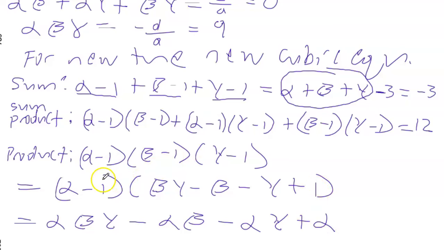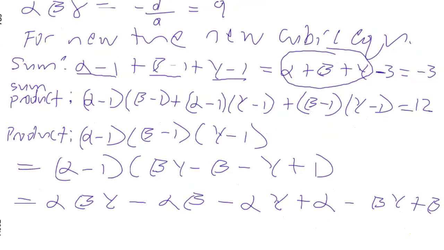And now we're going to take the negative 1 and distribute it to each term again in the second bracket. So minus 1 times beta gamma, that's minus beta gamma. Minus 1 times minus beta, that's positive beta. Minus 1 times minus gamma, that's positive gamma. And minus 1 times positive 1, that's minus 1.